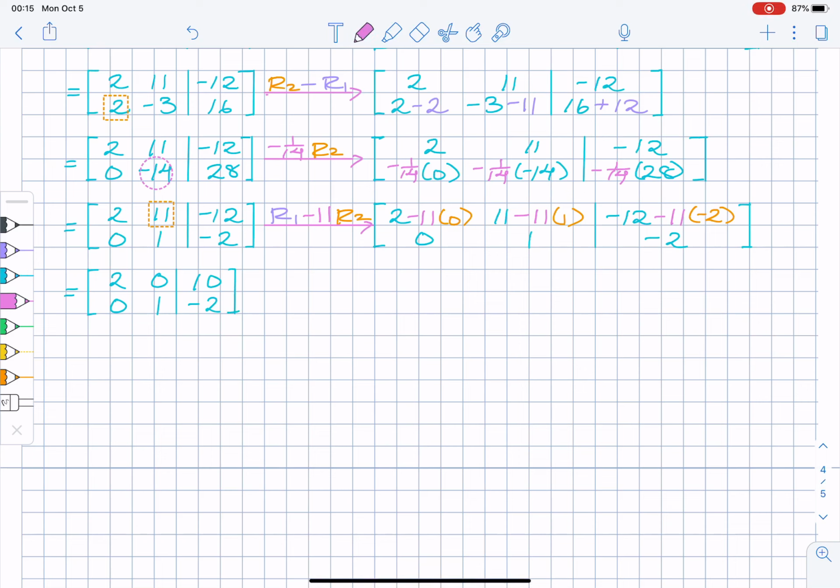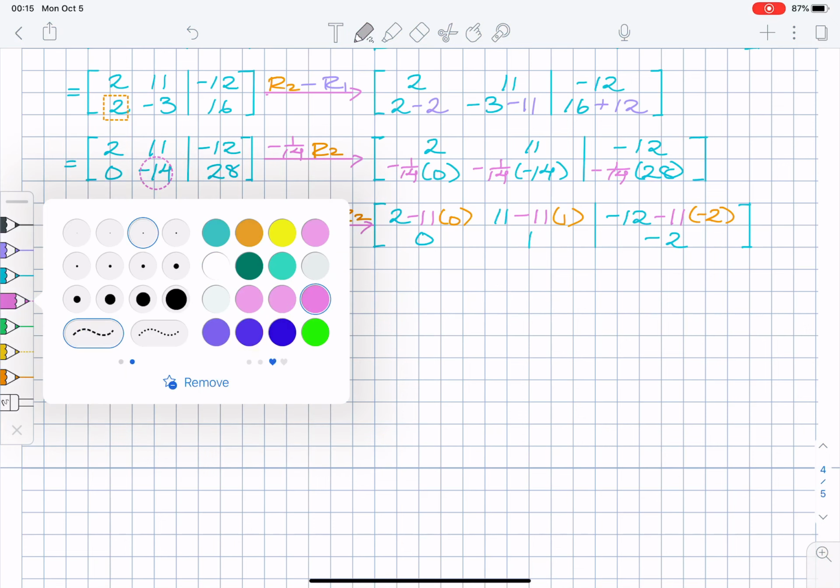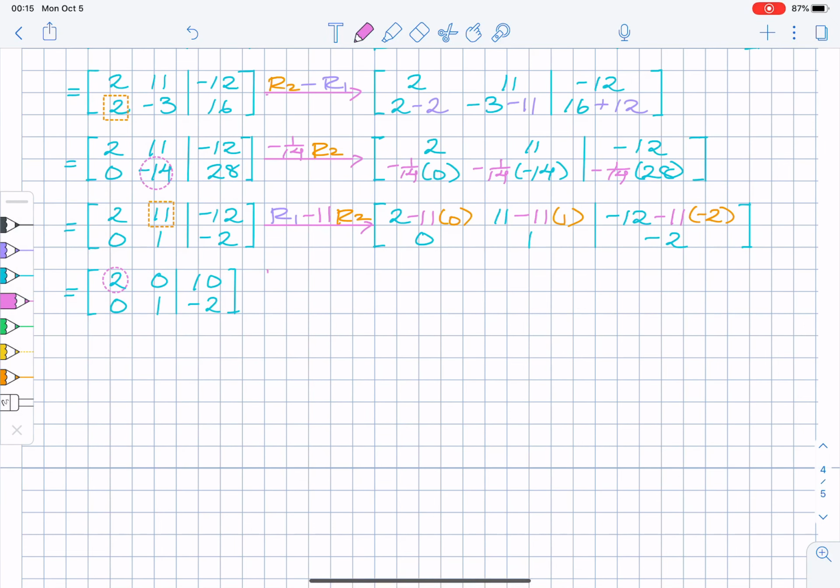Now, finally, I believe I'm able to divide row 1 by 2, and I won't have any fractions. So I'm going to do 1/2 of row 1, and it won't leave me with terrible fractions, which I can't stand.